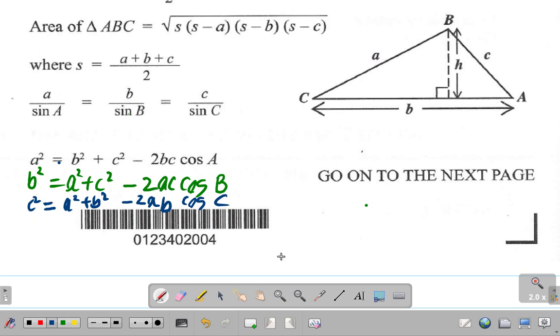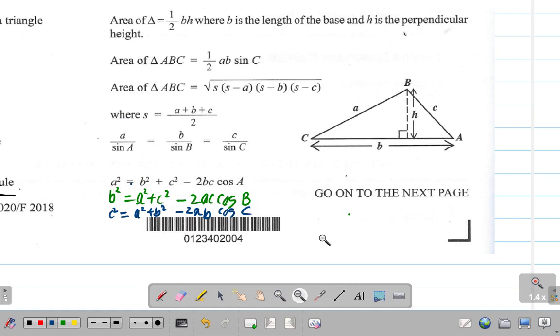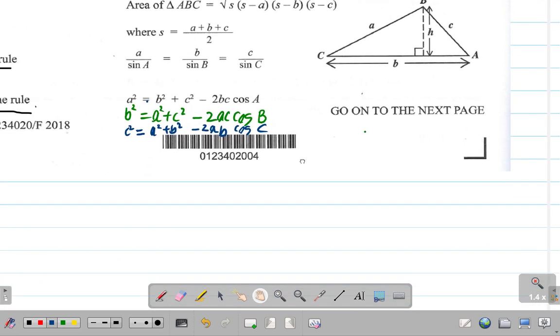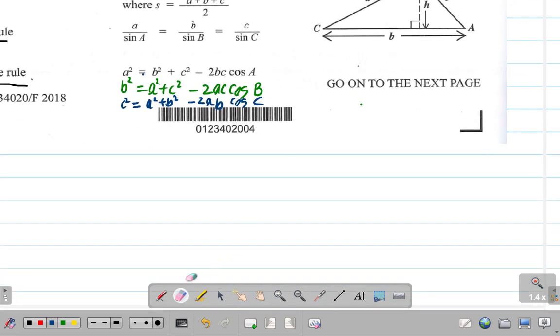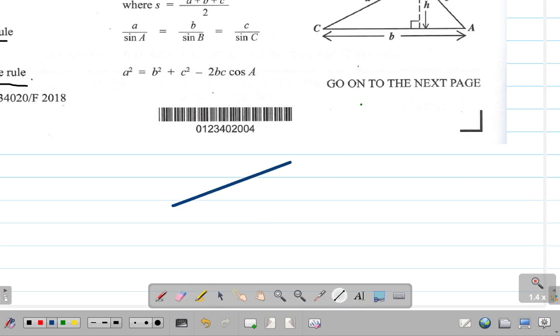Now, when you are given a triangle to work with, any side can be A, any side can be B, any side can be C. Suppose, for example, you have this triangle here.